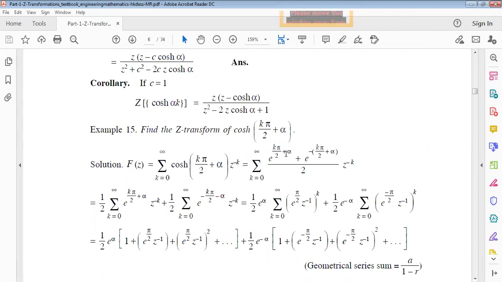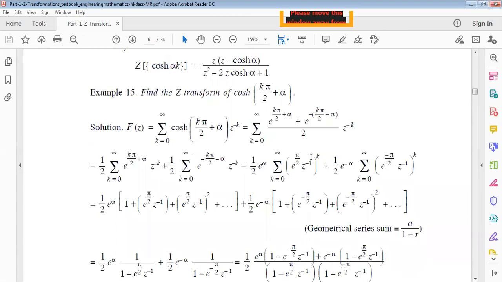This angle, theta, divided by 2. Converting this hyperbolic cos function to exponential form, z to the minus n. Similarly, we get 2 series, and also they are infinite series.